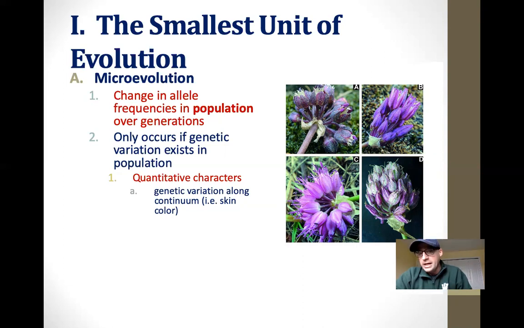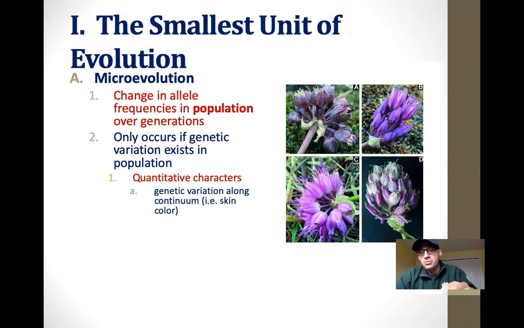So the types of variations we can see: quantitative variations, where we see genetic variation along a continuum. For example, with flower color that you see here, with skin color in humans, with height in humans, those are all quantitative characters that have variation in phenotype along a continuum, and that is reflected in the genotypes existing along a continuum as well.